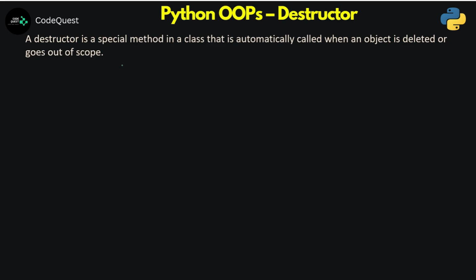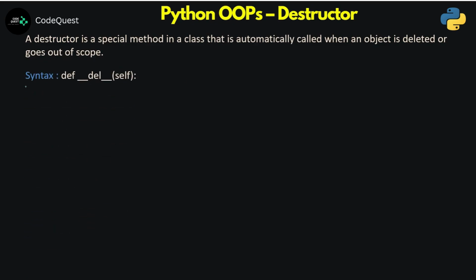Once the object is no longer in use, your Python virtual machine automatically calls the garbage collector, which takes out the object that is not in use anymore. But apart from that, if we want to manually invoke the destructor through which the garbage collection has to happen, then we can take the help of the destructor.